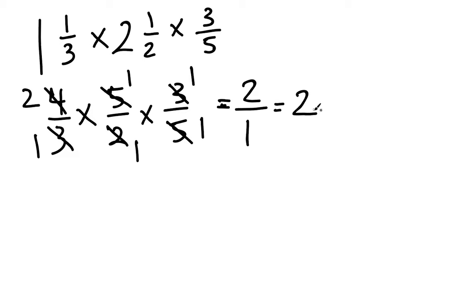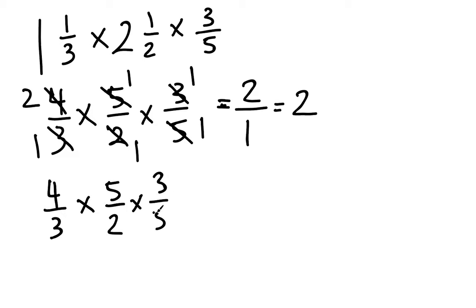Now I could have just multiplied these. Let's check our work to see. So this is the improper fractions that we came up with, and here's the last thing that we're multiplying. So let's do this. 4 times 5 is 20, times 3 is 60. 3 times 2 is 6, times 5 is 30.